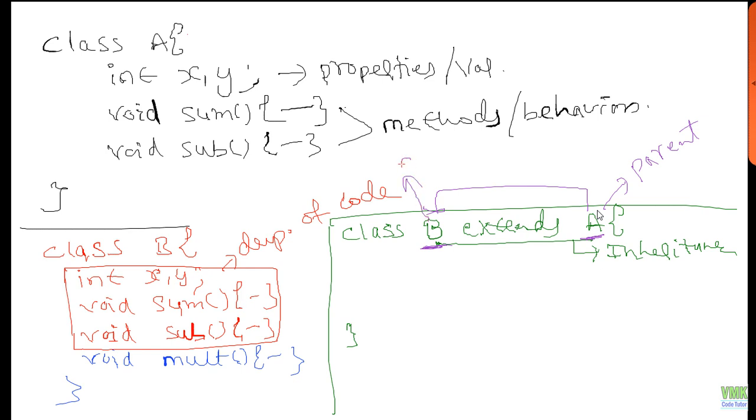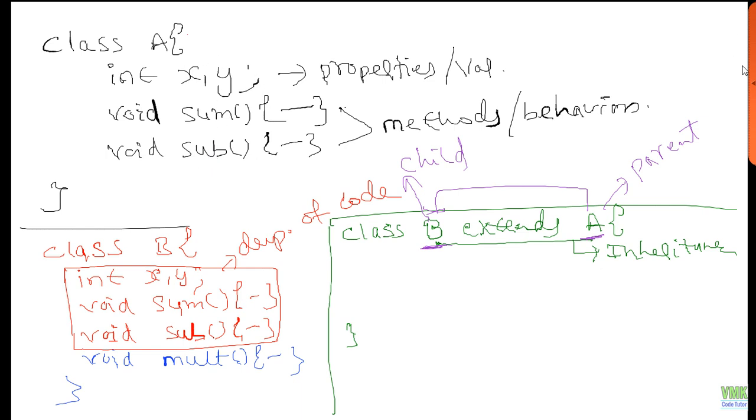And B is called the child class. So in inheritance, the child class inherits all the features present in the parent class. Whatever features are present in the parent class A are inherited by the B child class. The features present in A are x, y, sum, subtraction. All of these are added into B class.